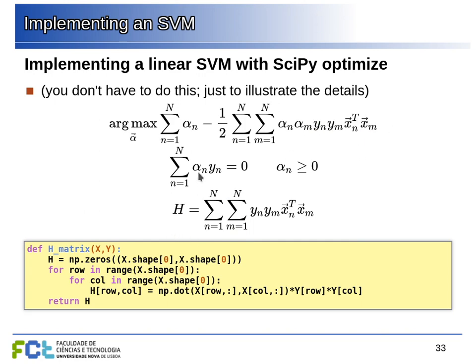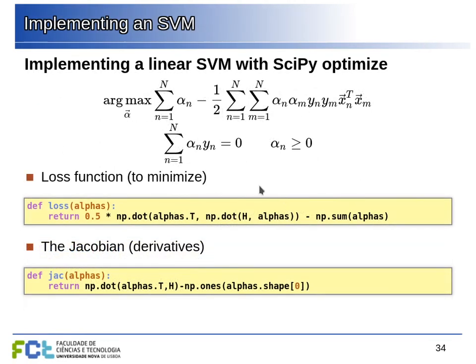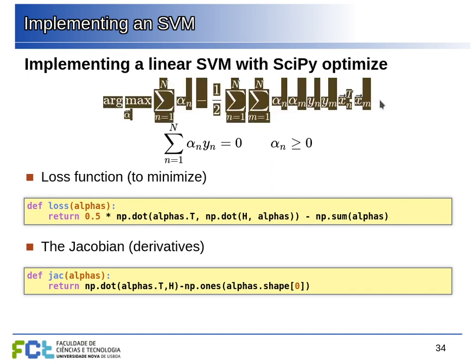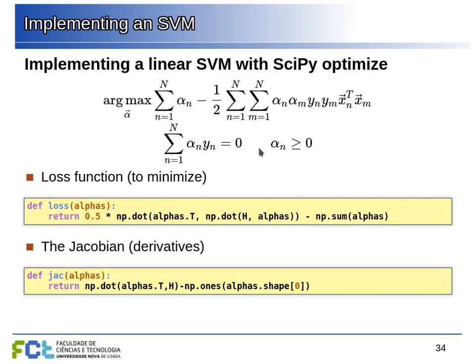And now we also have these constraints that we need to include, and we need to write the function we want to optimize. We want to maximize this expression here, but because we have a minimize function in SciPy optimize, we are going to change the sign.